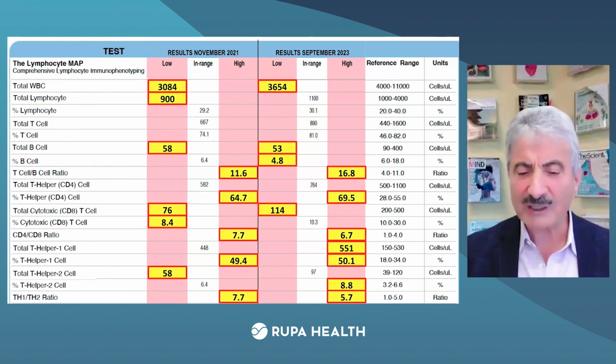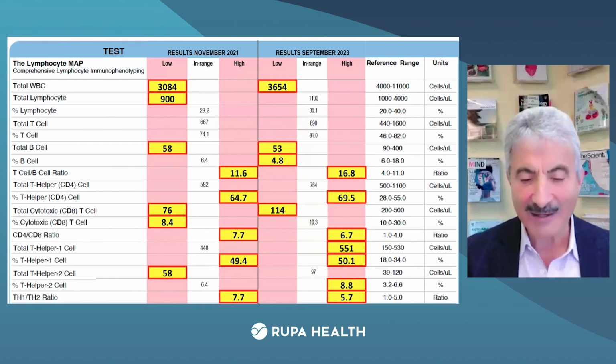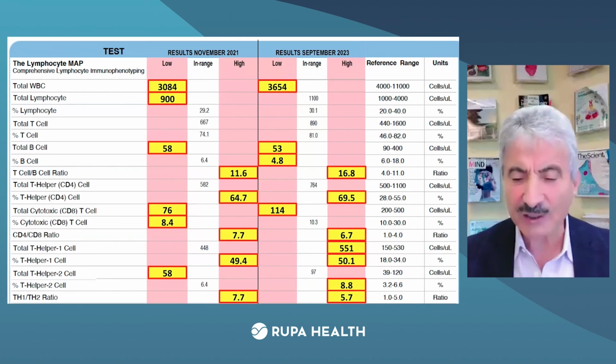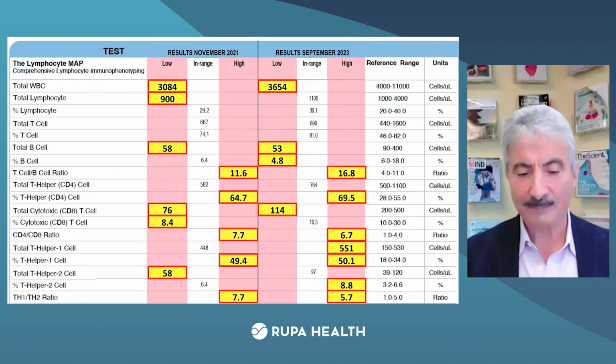But the most impressive number in here is when we look at CD4 CD8 ratio, meaning high CD4, low CD8, resulting in high CD4 CD8 ratio, which is found specifically in patients with different autoimmune diseases.